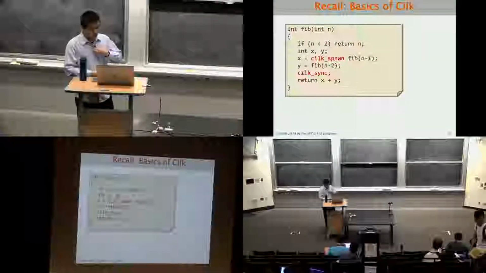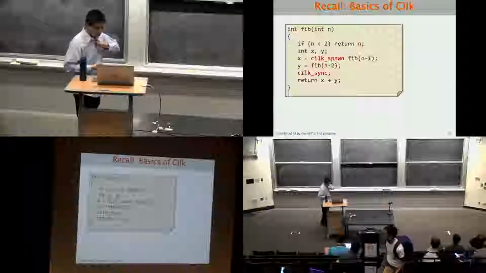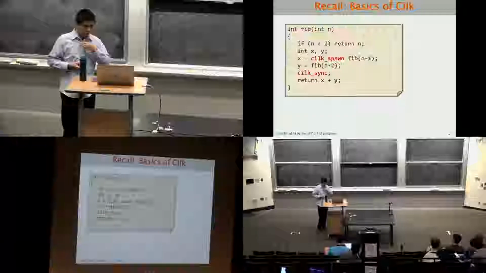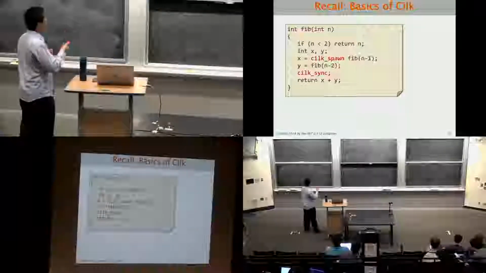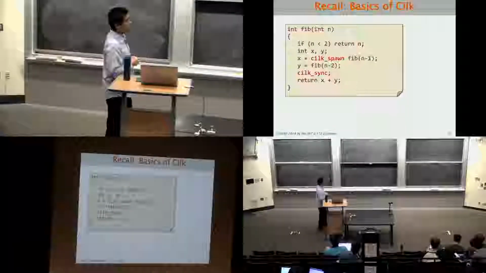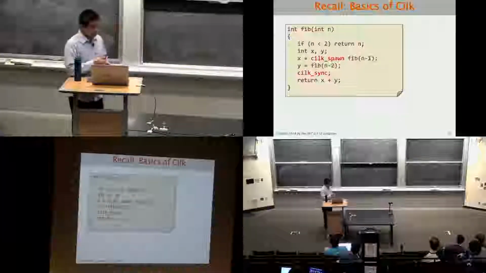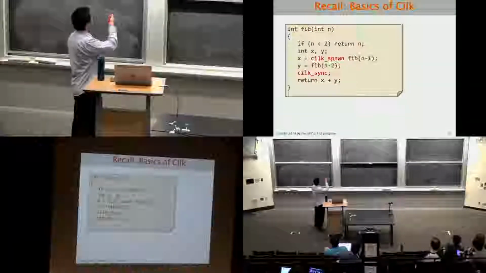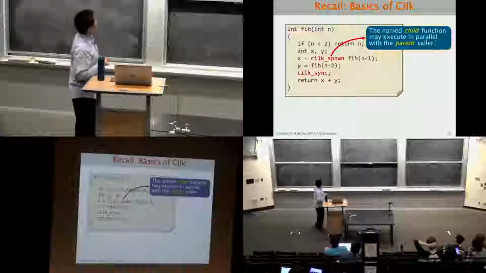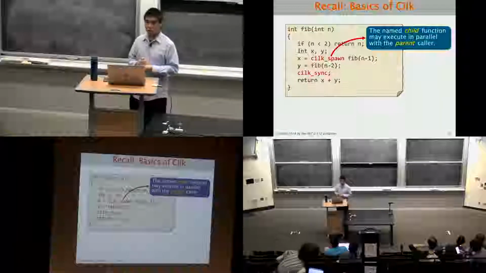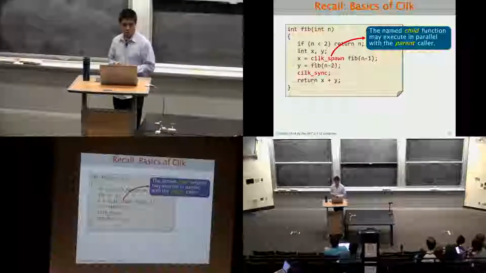Okay, so as a reminder, let's look at the basics of Silk. So we have Silk spawn and Silk sync statements. In Silk, this was the code that we saw in last lecture, which computes the nth Fibonacci number. When we say Silk spawn, it means that the named child function, the function right after the Silk spawn keyword, can execute in parallel with the parent caller.